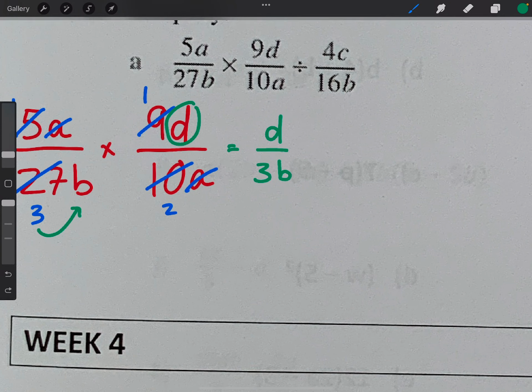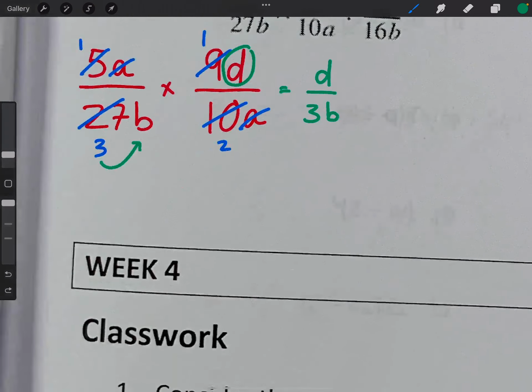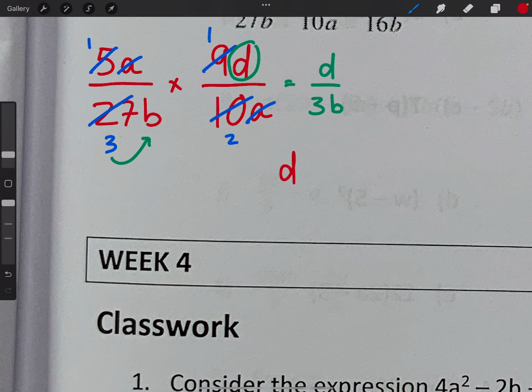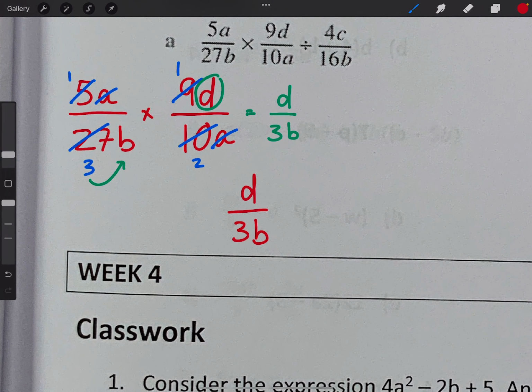Okay. Now what we're going to do is divide it by this one, so we're going to flip this one upside down. So D over 3B, we're going to flip this one, so we get 16B over 4C. And we're going to change the division into a times.